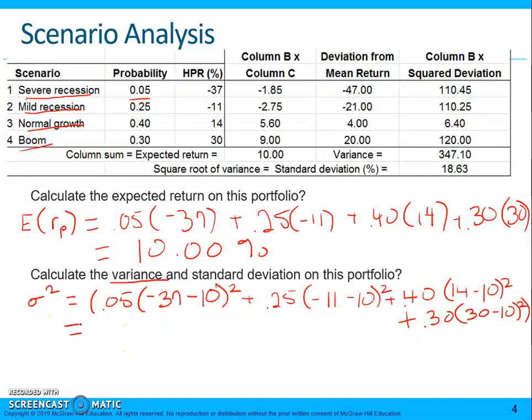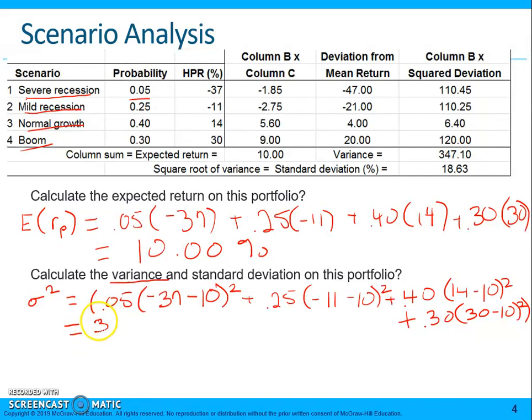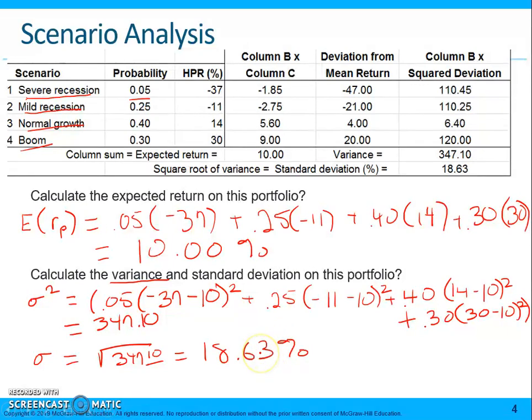You multiply that out, you should get 347.1. So that's your variance. The standard deviation, or sigma, is the square root of that number, which is 18.63, and this is actually a percent. So the standard deviation of this portfolio is 18.63%.